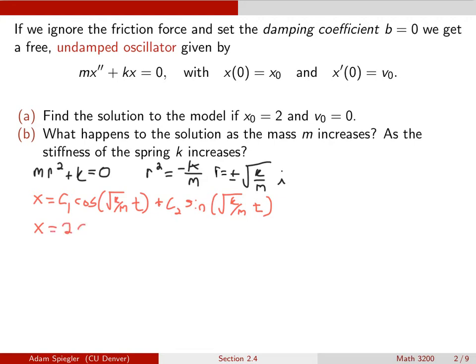So I would get 2 times the cosine of the square root of k over m times t, and the value for c2 is actually 0. So this would be our solution to this initial value problem. And so let's graph what this solution would actually look like. We've got a cosine function, so I'm going to graph that just underneath.